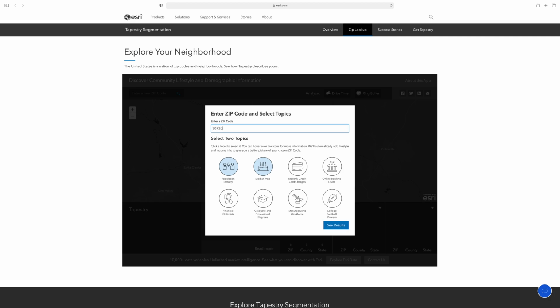30720, which is Dalton, Georgia, one of the Dalton, Georgia zip codes, just as an example. And I'm going to pick graduate and professional degrees and monthly credit card charges.